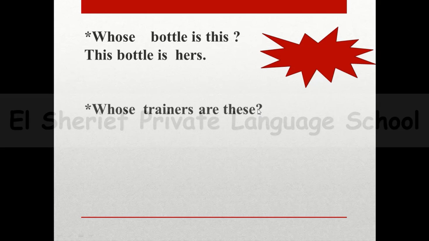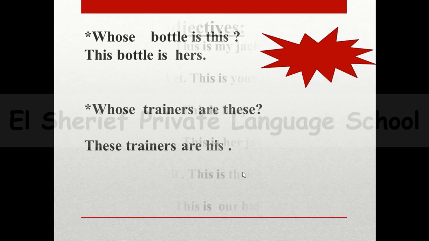And the answer will be, the trainers are his. Today's lesson is about his, hers, and so on. They are possessive adjectives or possessive pronouns. That's what we will learn later.